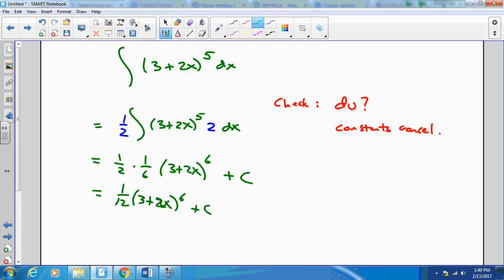Now, check. When you check, you give your brain a chance to understand this whole process. So absolutely check all of these, because it really helps you to understand what's going on.